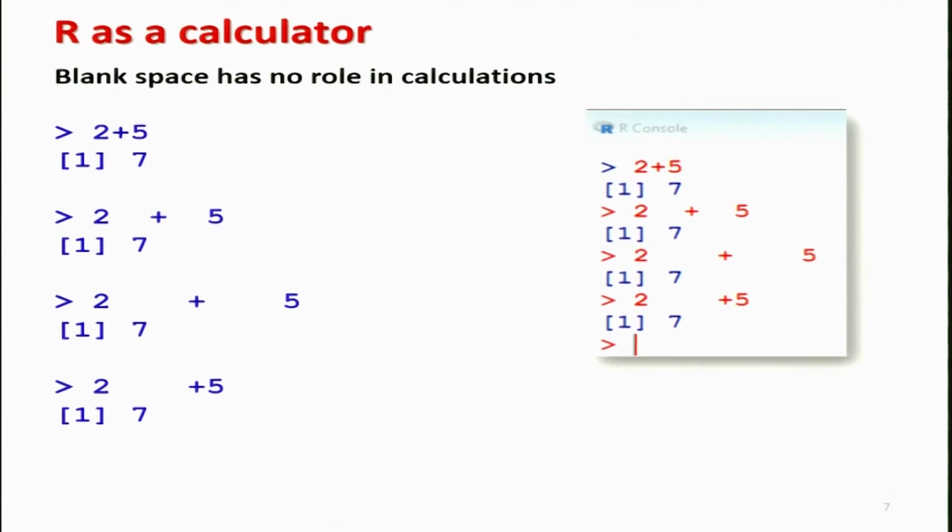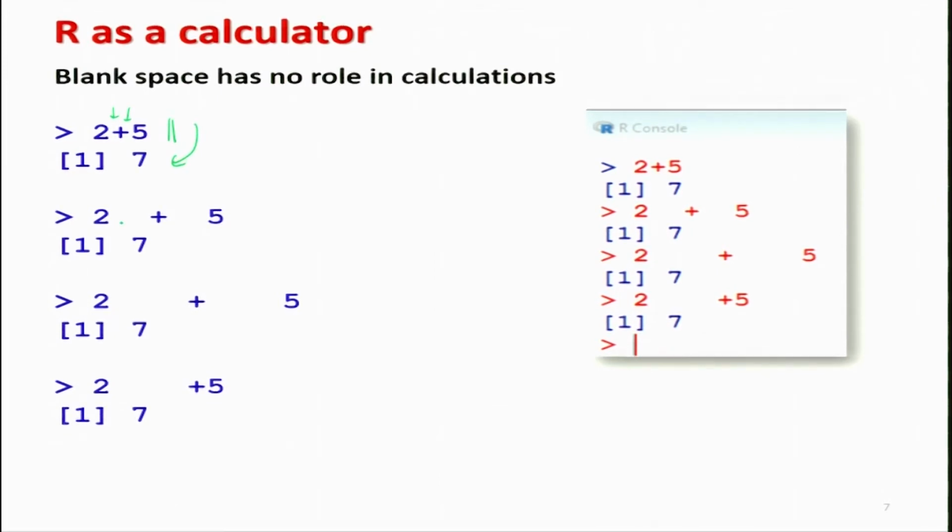Now, after this, a very basic fundamental thing: when you are doing mathematical calculations in the R software, blank space has no value. For example, if you write 2 plus 5 with no blank space, simply adjacent, it will give us the value 7.